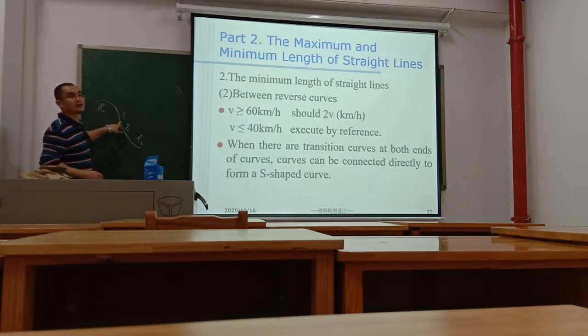The length of the straight line is 0. Transition curve 1 is connected to transition curve 2 directly. Between them, no straight line.